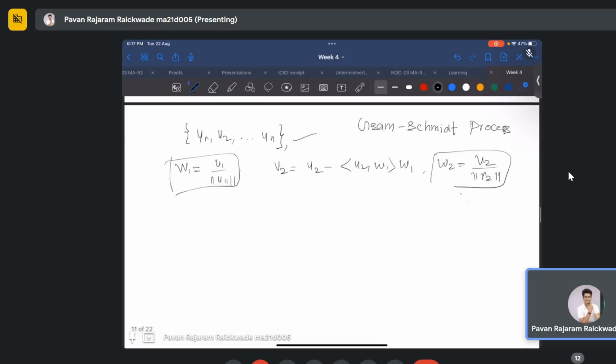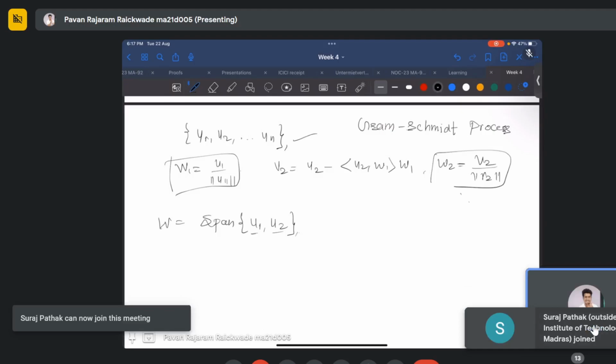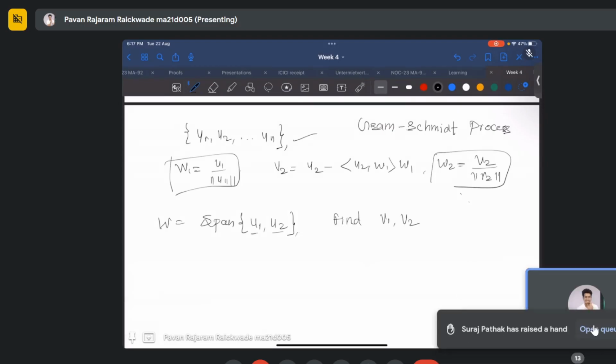I will try to explain why this method gives you what you want. Let's suppose W is the span of two vectors, simply U1 and U2. I don't know whether these two, U1 and U2, are orthogonal or not.